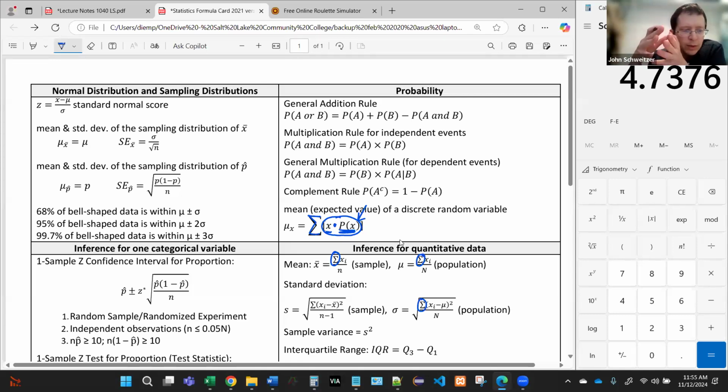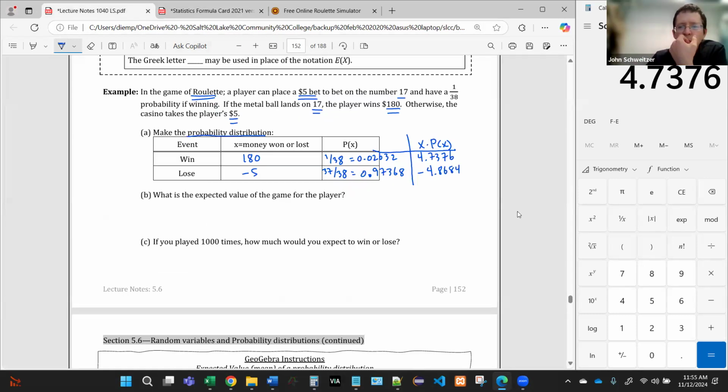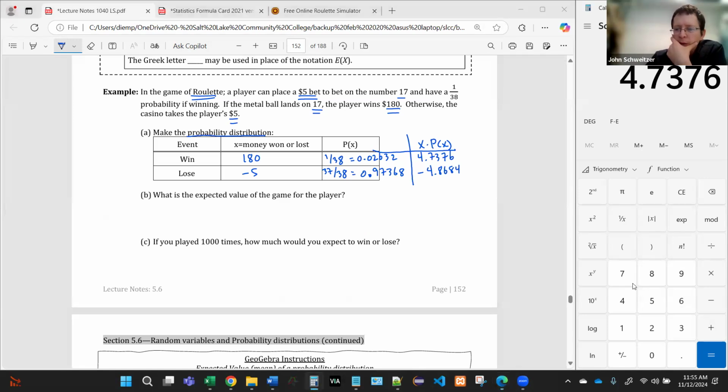If you open up a book on probability, you'll see sigma on almost every page. It's ubiquitous, okay? So we add those numbers. So I'm going to go plus 4.8684 minus, and there we go. It's about 13.13.